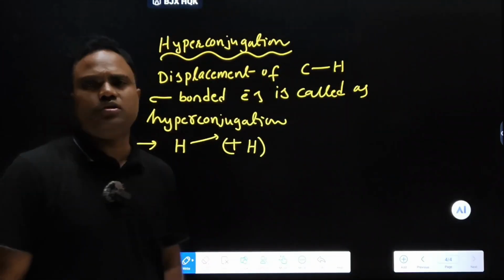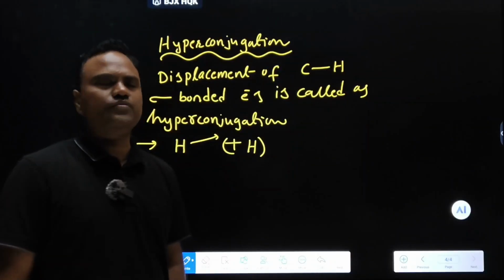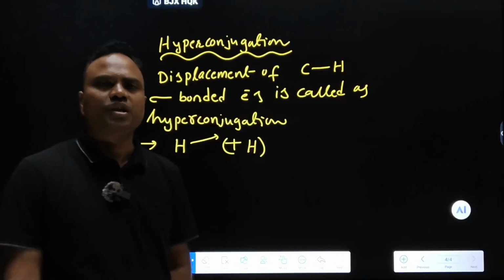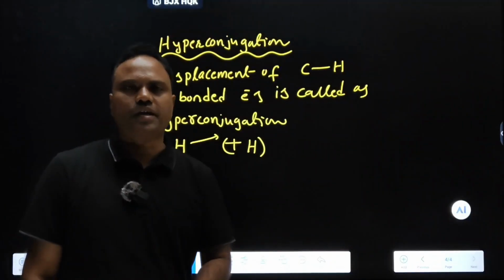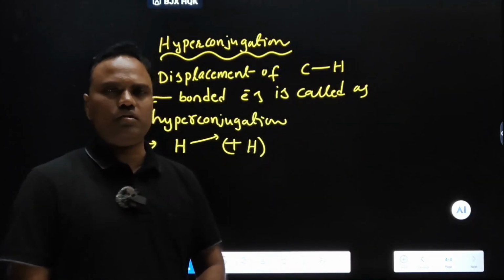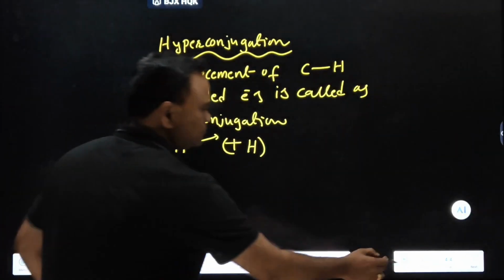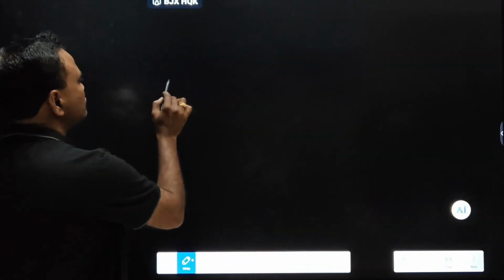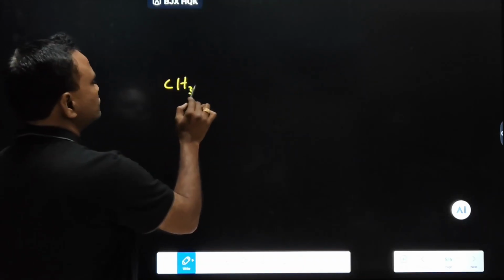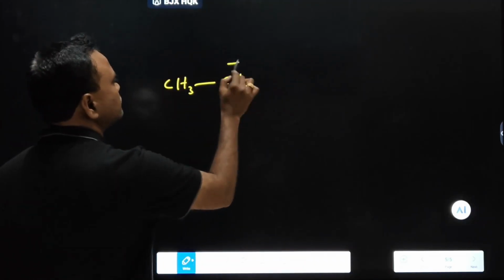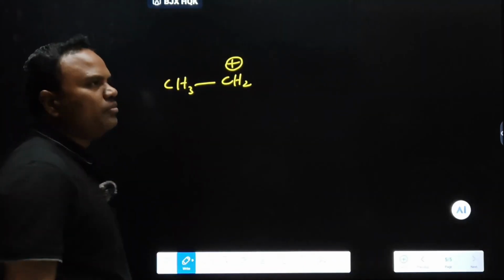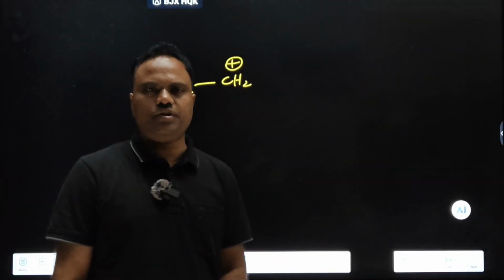Why carbon hydrogen sigma bonded electrons will shift towards electron deficient site or towards carbocation? Let us see. We know carbocations are electron deficient species, right?